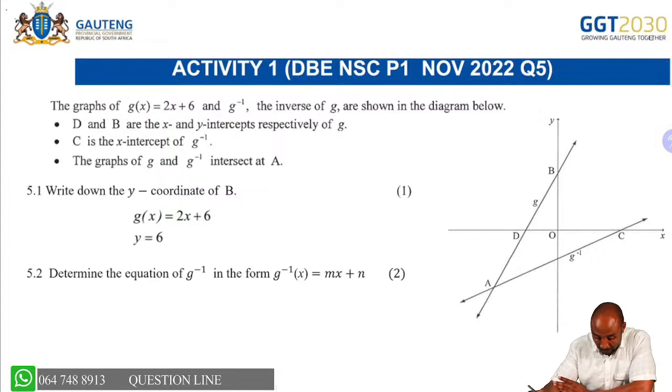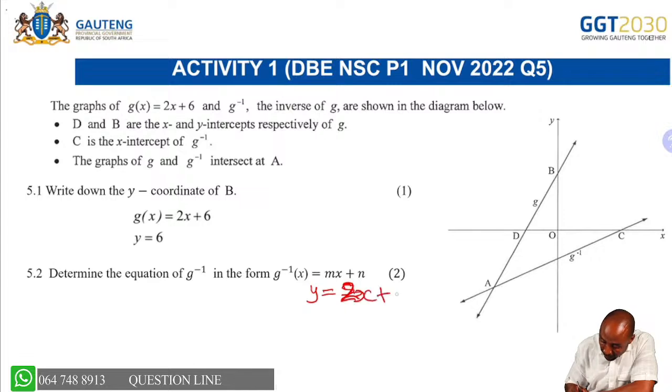We move on now. Determine the equation of g inverse. Remember, how do we get the inverse? We said we are going to write this as y is equal to 2x plus 6. Next step, we interchange x and y.